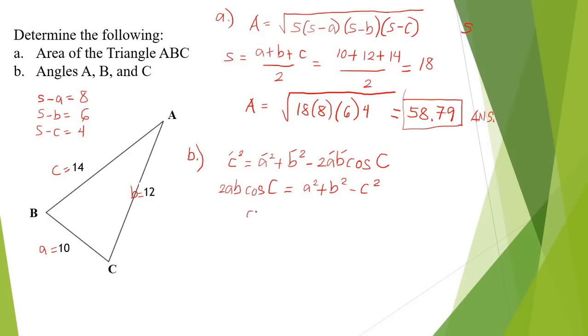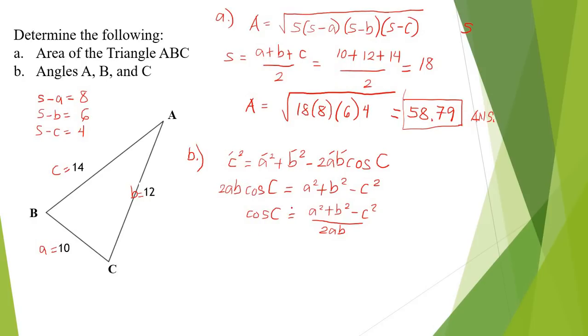And we have cosine of C is equal to A squared plus B squared minus C squared over 2AB. Now with this equation, we will be able to determine our angle C.